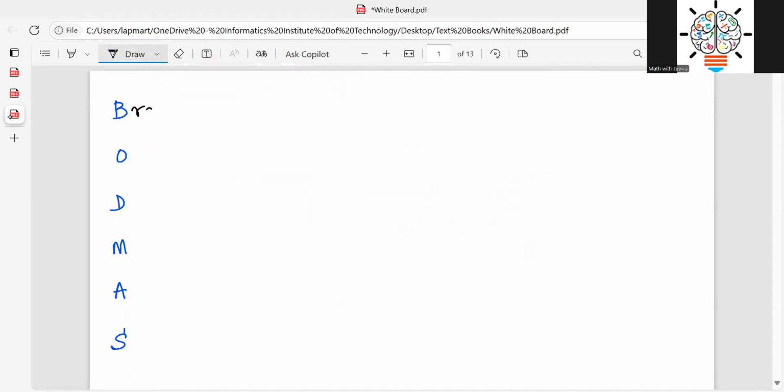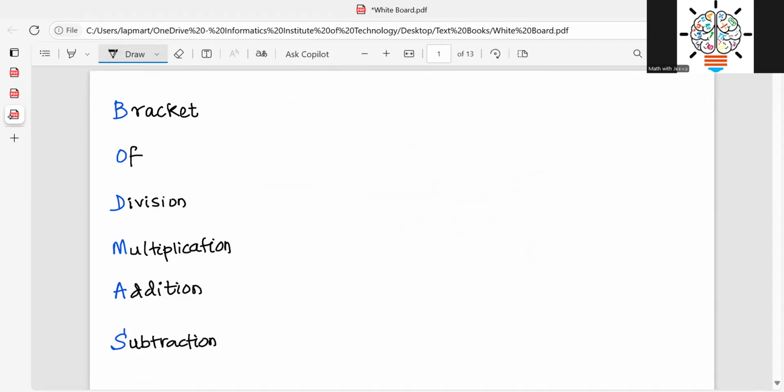So this one means bracket, this is of, this is division, this is multiplication, this is addition and subtraction.